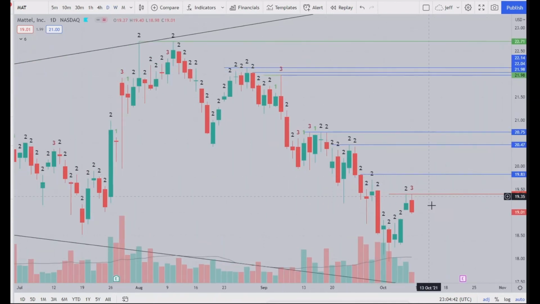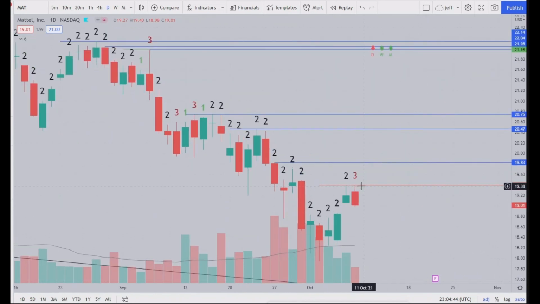This daily I don't love for an entry right now, because we had this red 3, so I think it might fill this gap below or take a little extra to break through this trigger.